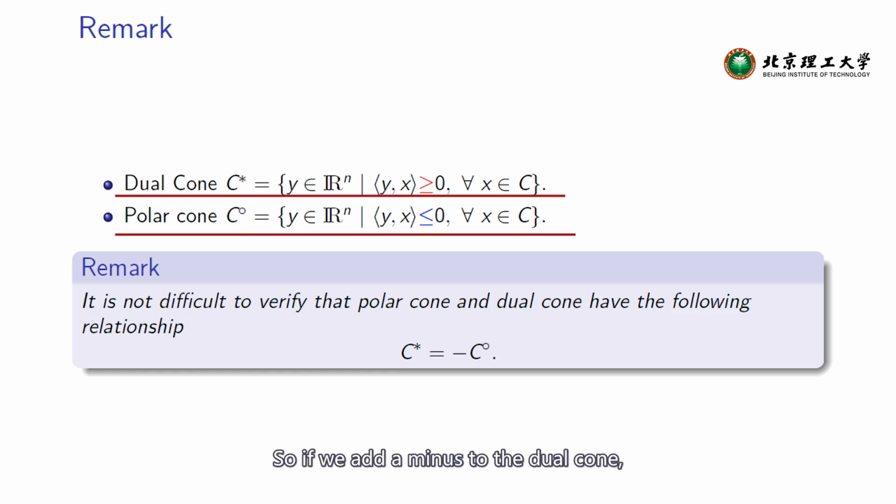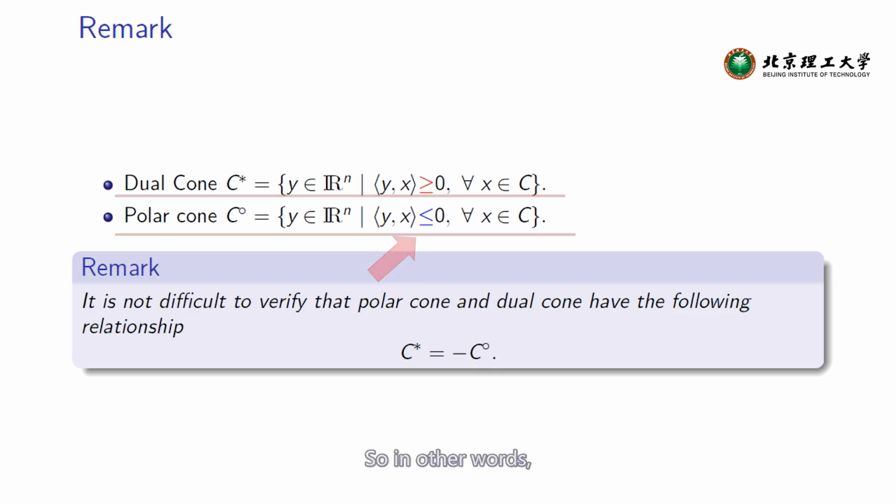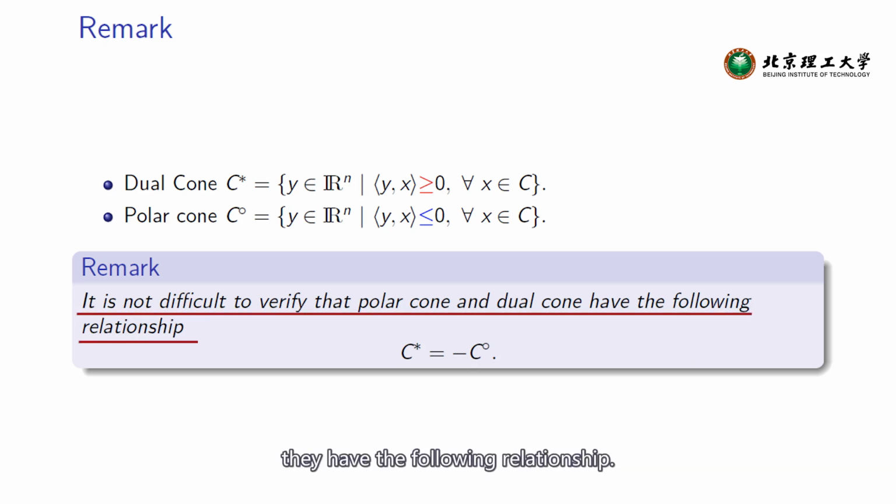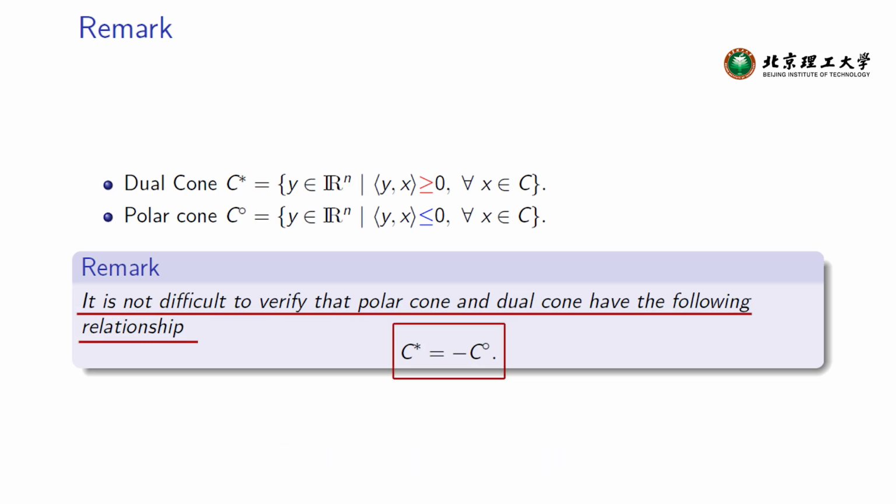So if we add a minus to the dual cone, we reach the polar cone, and vice versa. In other words, we can verify that the polar cone and the dual cone have the following relationship: if you add a minus sign to one cone, then you reach the other. It is a very interesting case.